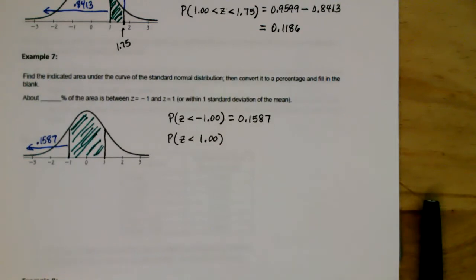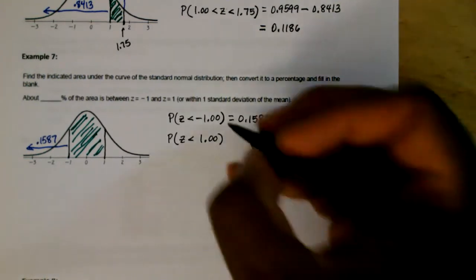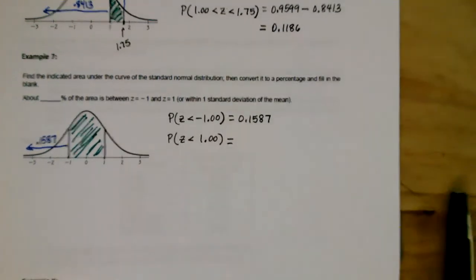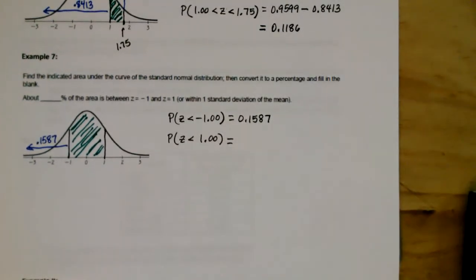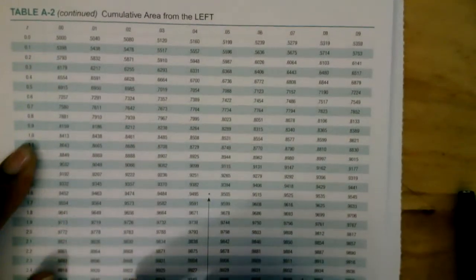And then for 1.00, I think we did this in the last example, but I'll do it again to show you how to find 1.00 in the table. And in this case here, here's 1.0. And we have to look on the page that says positive z-score.